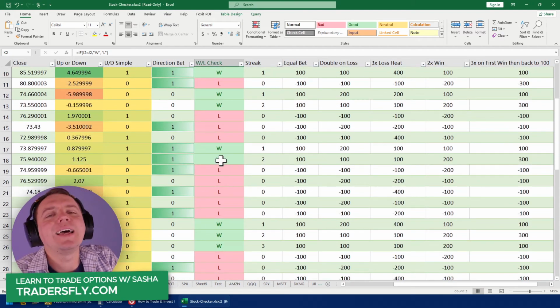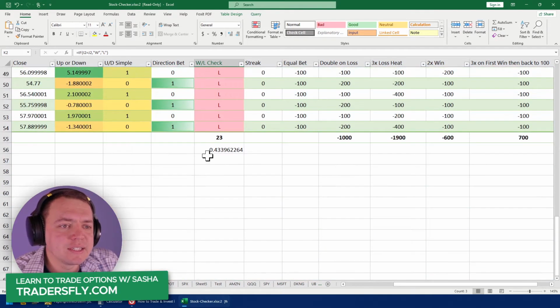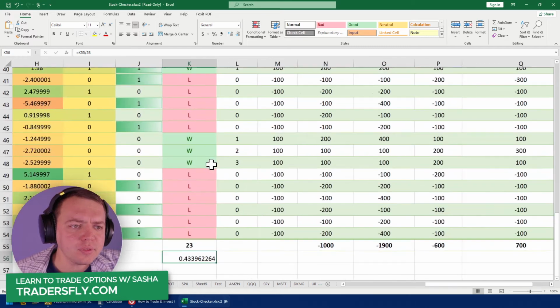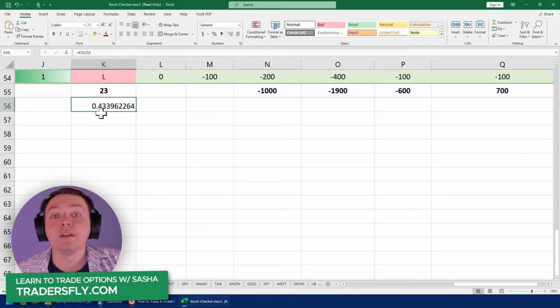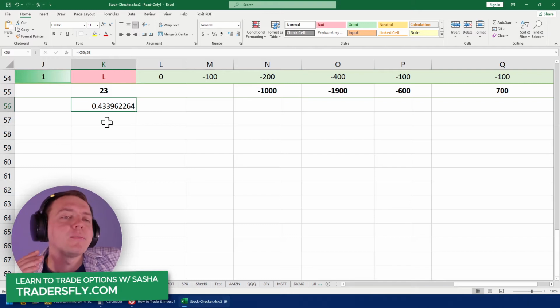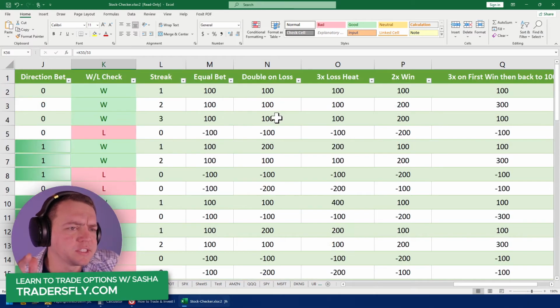So you can see there's not really a bunch of technical analysis involved. It's just based on the previous tick. Super simple. And you can see this system panned out with a 43% win rate, so it's a very low win rate, less than 50%. But I want to show you maybe four different systems here.